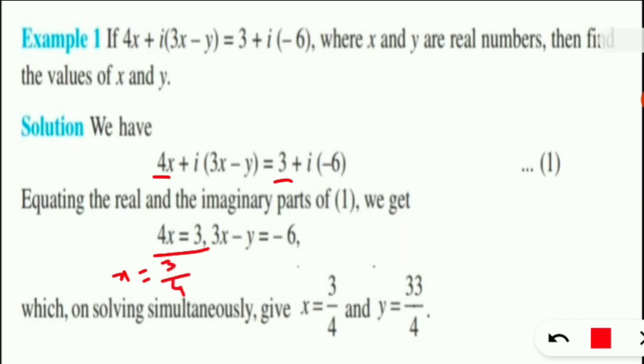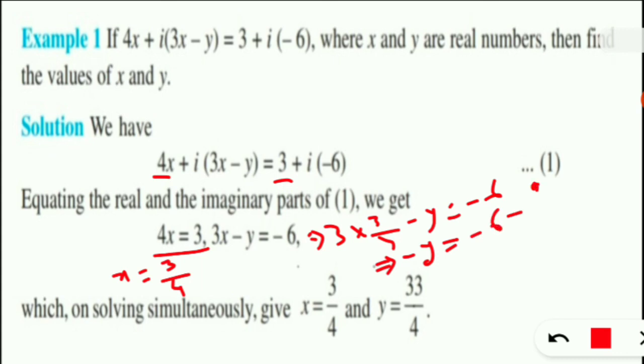If we put x equals 3 by 4 in this 3x minus y equals minus 6, that implies 3 into 3 by 4 minus y equals minus 6, so implies minus y equals minus 6 minus 9 by 4.